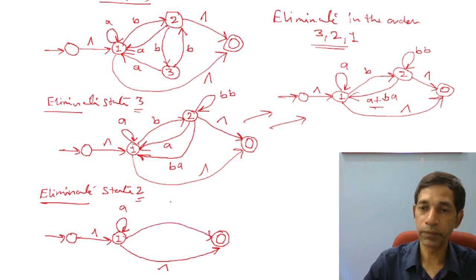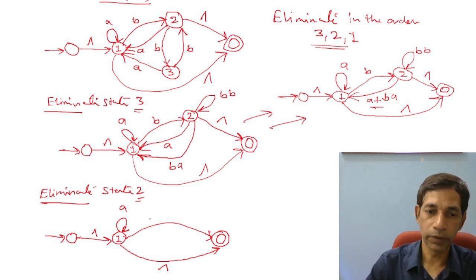What is the label of this resulting edge? From 1 you are going to state 2 for the B. Then at state 2 you have the loop for BB. So BB Kleene star.